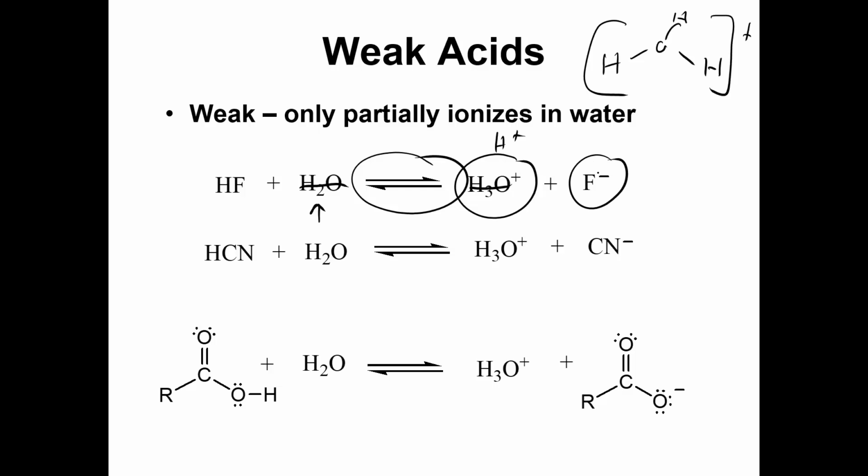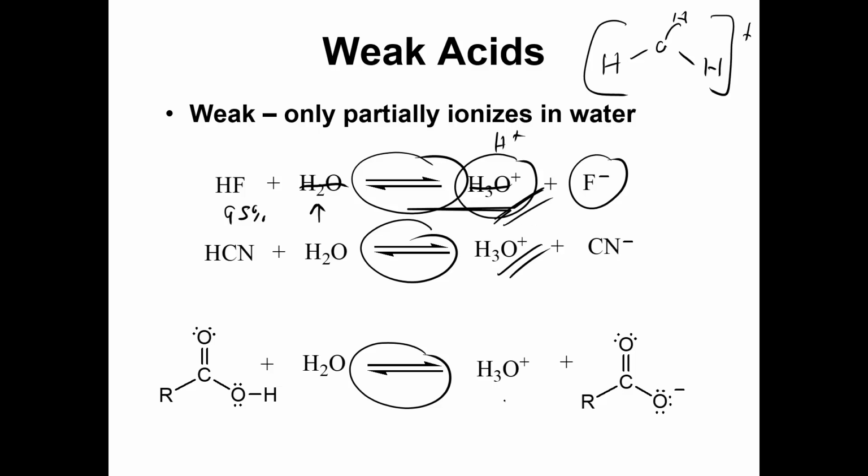Well, not quite right. You'll look into this in more detail in chapters 14 and 15 for Chem 2. But every time you see this equilibrium arrow, that means weak, right? And most of the time it's 95% sticks together, and very little of the H plus or hydronium ion is kicked out. Emphasizing structurally what makes an organic acid an acid: it is that C double bond O, OH functional group called a carboxylic acid.